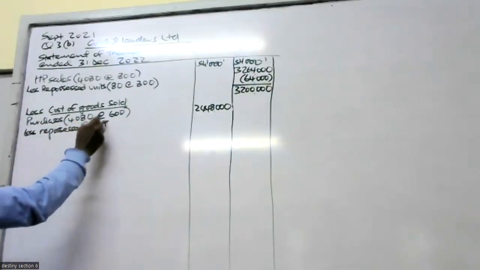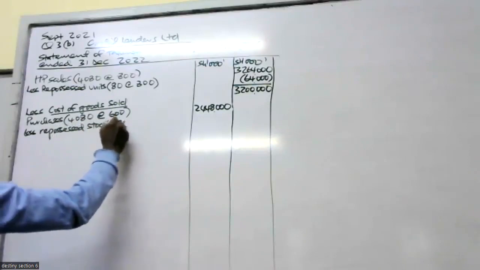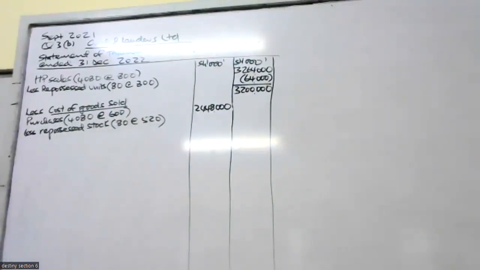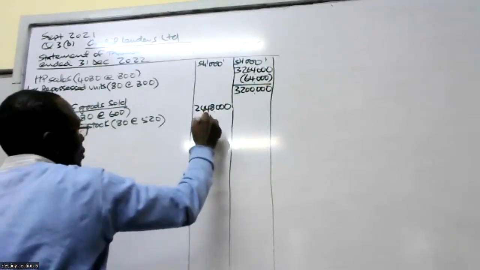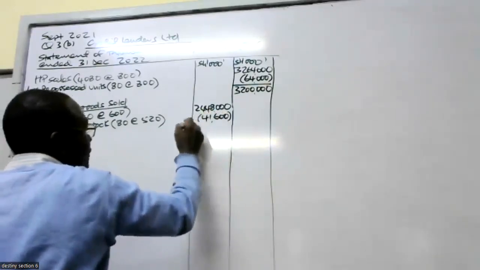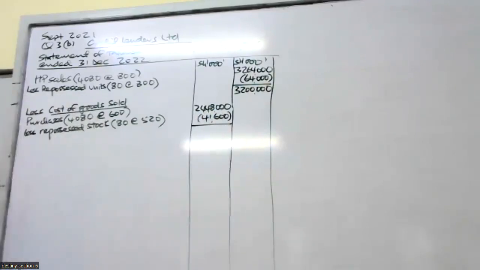When it was brought back it was 80, but the valuation reduced to 520, so deduct 41,600. The difference should give us cost of goods sold.